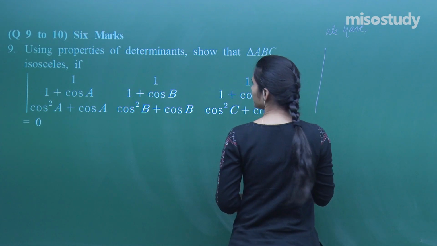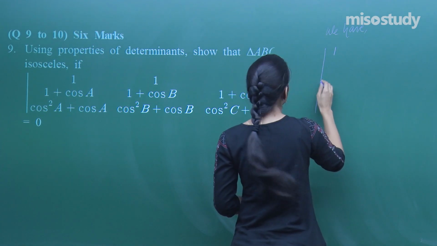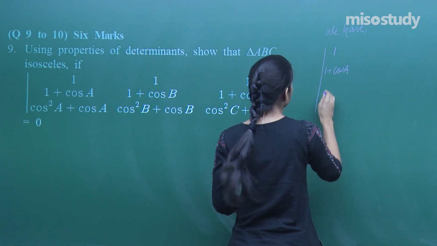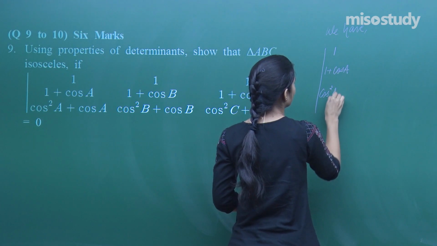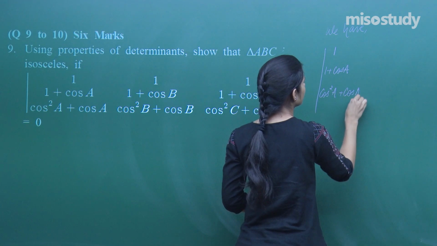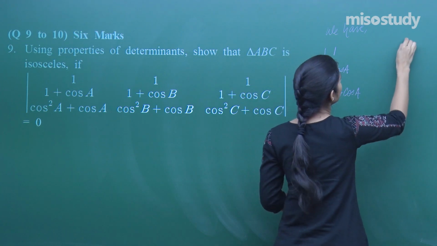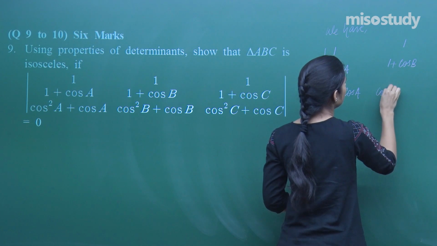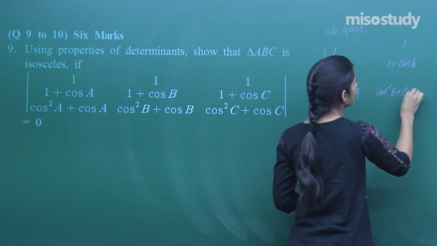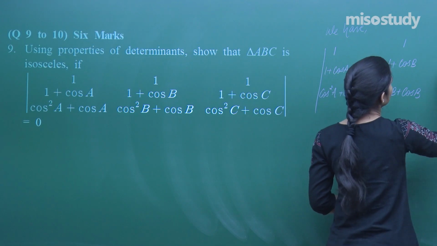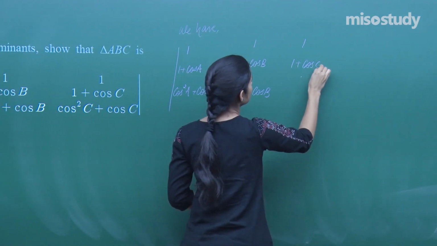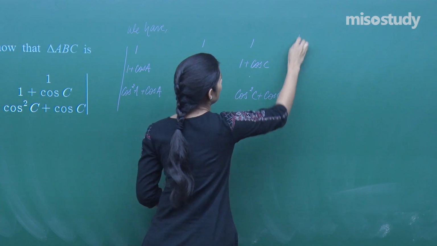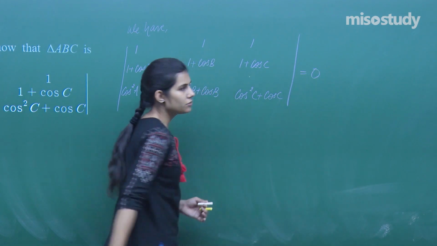this is a very nice determinant, it is 1 plus cos A, and then you have cos square A plus cos A, cos square A plus cos A. Then you have 1 plus cos B, cos square B plus cos B. Similarly, symmetrically 1 plus cos C, cos square C plus cos C. This is given to be 0.